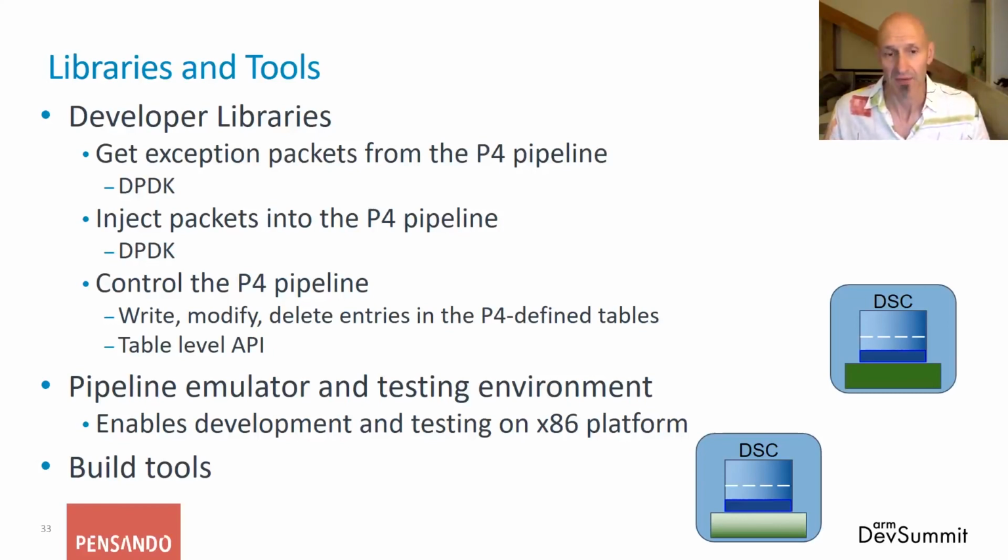And finally, we offer a pipeline emulator and a testing environment that can run on an x86 processor, so that developers can write their software on an x86 platform, test it on that platform using whatever development tools they want to use, and then they can use the tools that we offer to build an image to be uploaded on the card and used on the card.